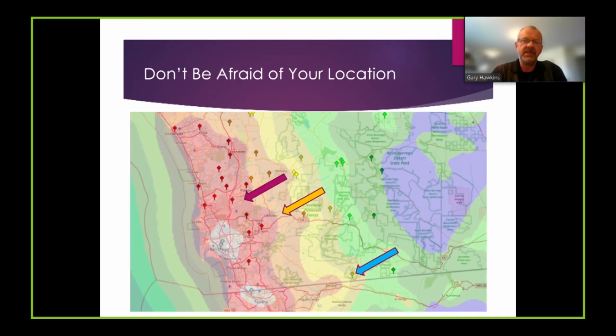The other thing I would say about photometry is don't be afraid of your location. Even if you're located in heavily light polluted skies, it is possible to actually do some good photometric measurements. And I have done photometric measurements from my old QTH, which is indicated by the red arrow, my current home location, which is indicated by the orange arrow.